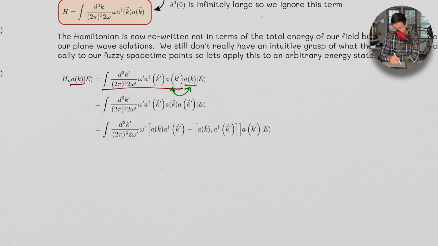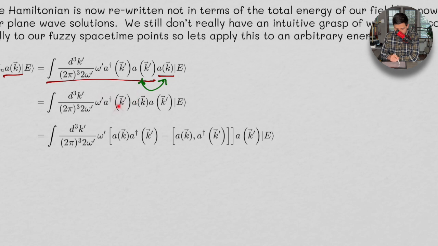My apologies for the dog barking. And so then we get this guy right here, because this here we can write as A dagger A. If we write this commutation out and then do this subtraction, what we actually get is this guy back.